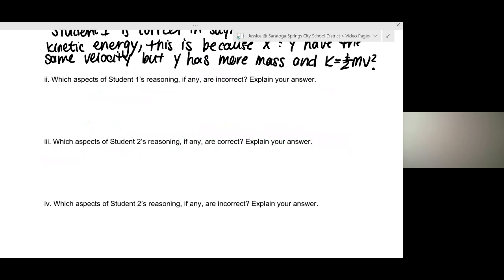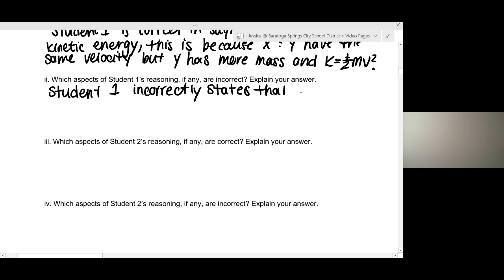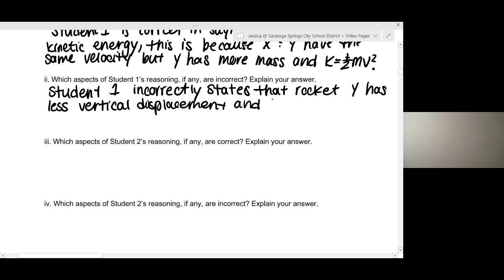So student 1 incorrectly states that rocket Y has less vertical displacement and therefore travels for less time.